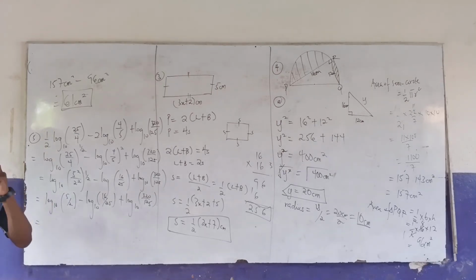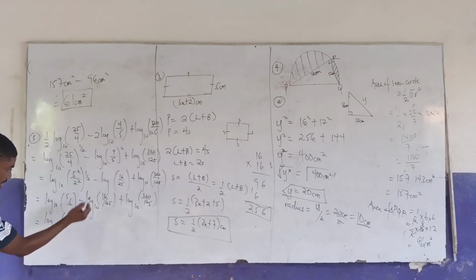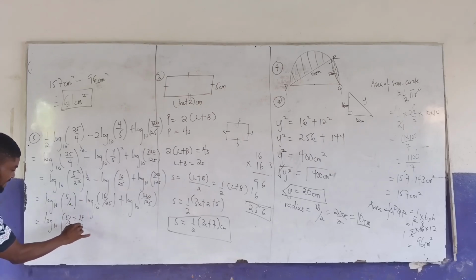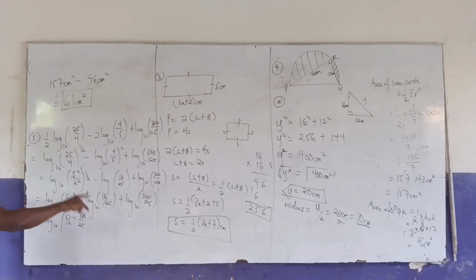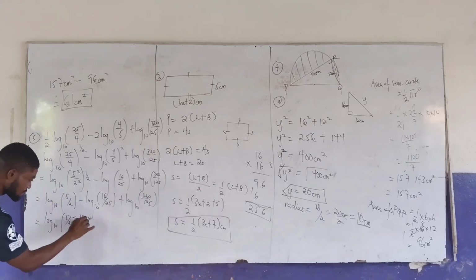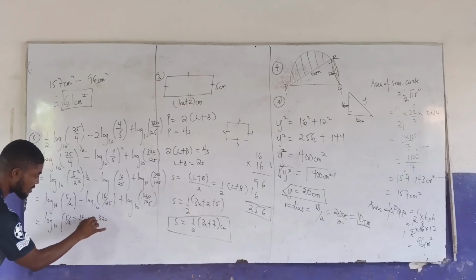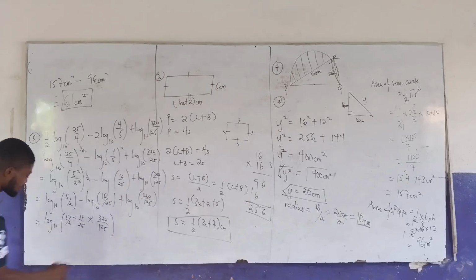And then from the laws of logarithm again, when we have the log subtracting, we can divide them. So this is going to be log base 10 of 5 on 2. This is not going to become a situation of multiplication later. So 16 on 25, and then this is a plus, so it becomes times 320 on 125.